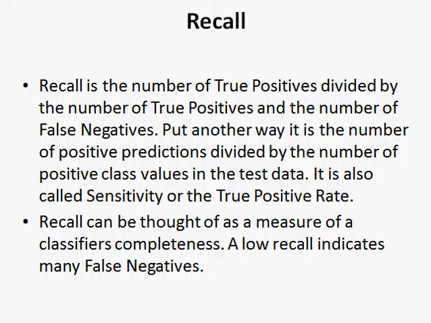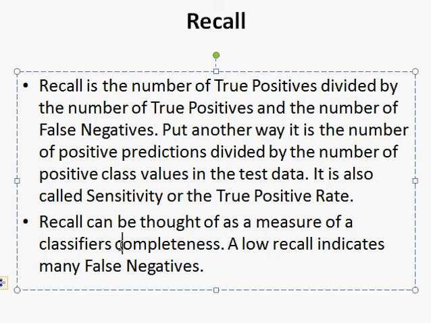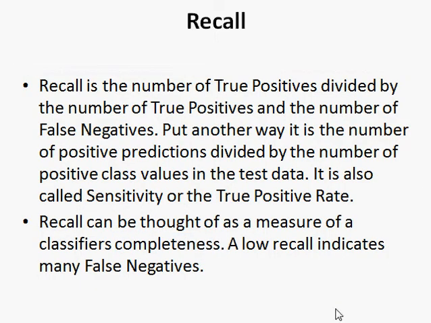And recall is out of all the values that should have been 1s, how many did we actually capture? So it's seen as a measurement of completeness. Out of all the ones we should have gotten, how many do we have?